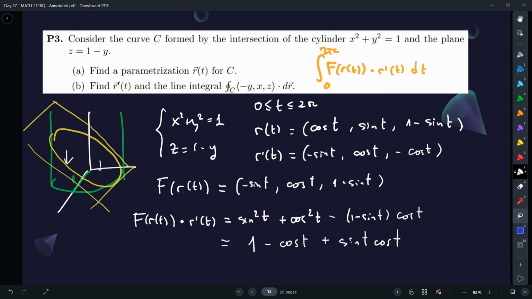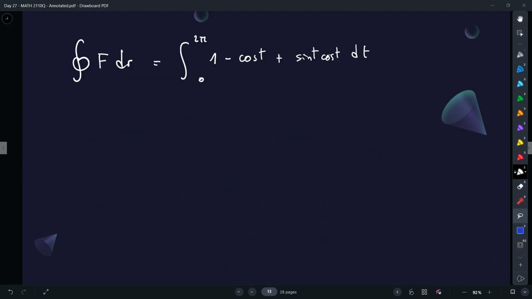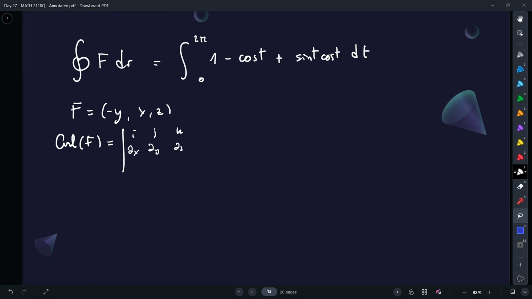So let's just quickly check. The vector field was minus y, x, z, and if you do the curl of f, what do you get? I, j, k, derivatives with respect to x, y, z of minus y, x, z.